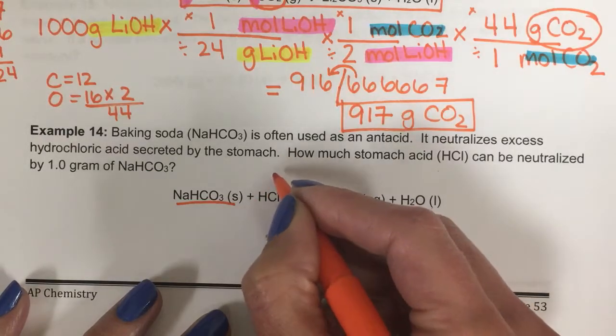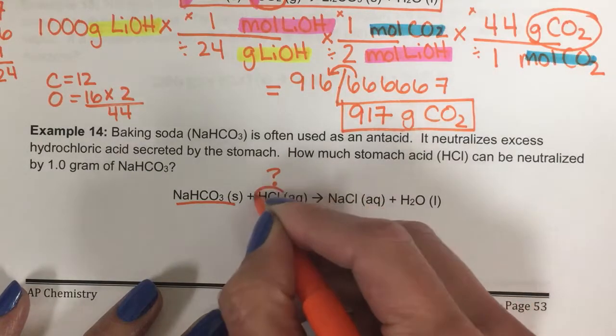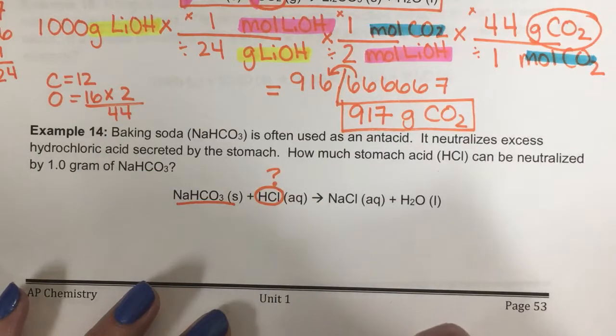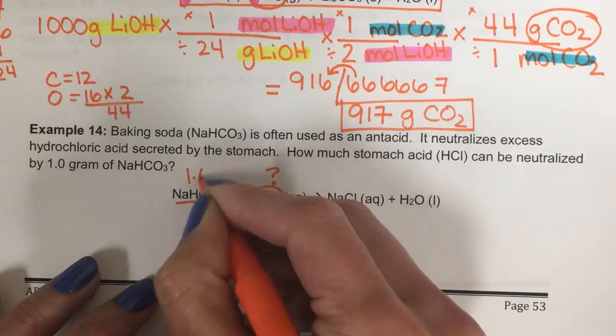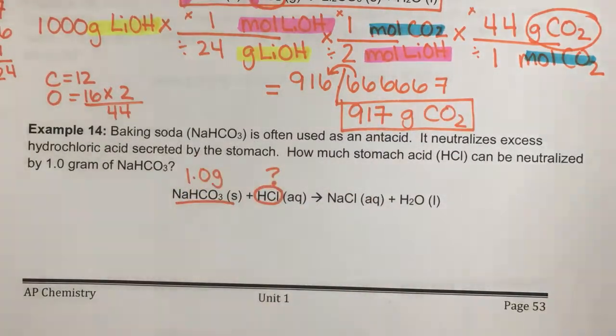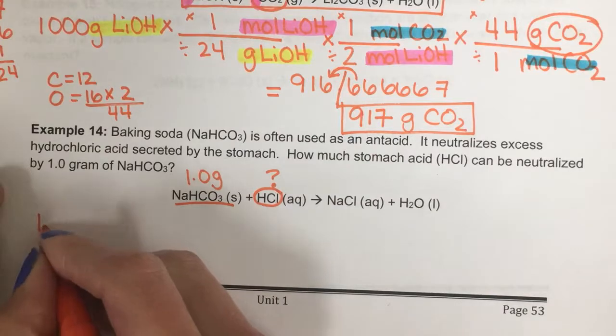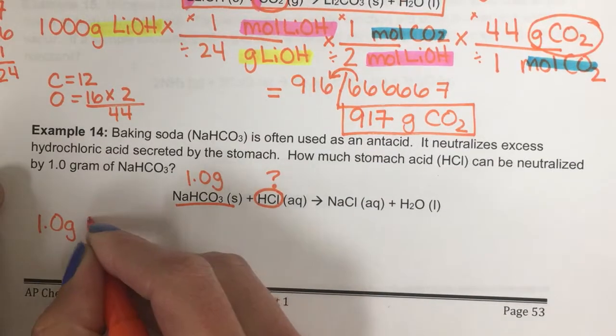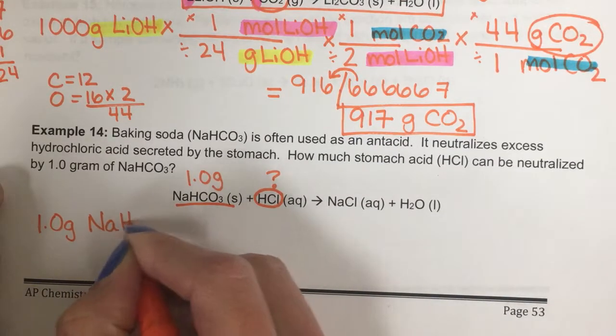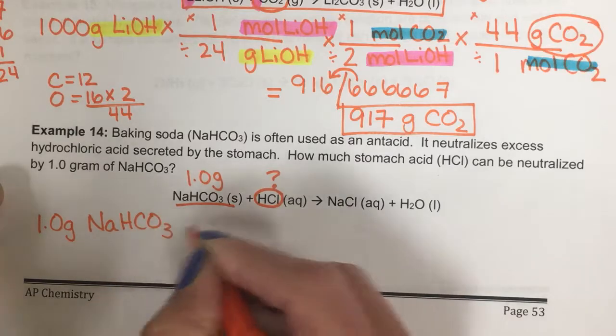I want to find out how much HCl can be neutralized by 1 gram of NaHCO3. So what I should have done is I start with 1.0 grams NaHCO3.